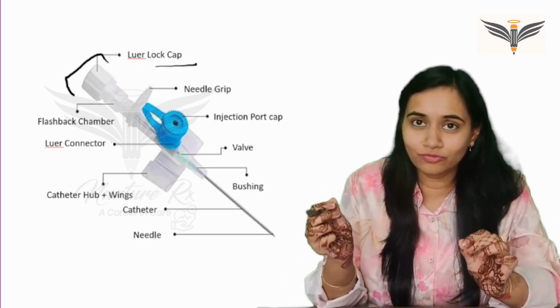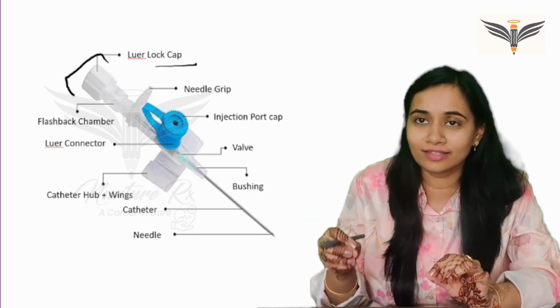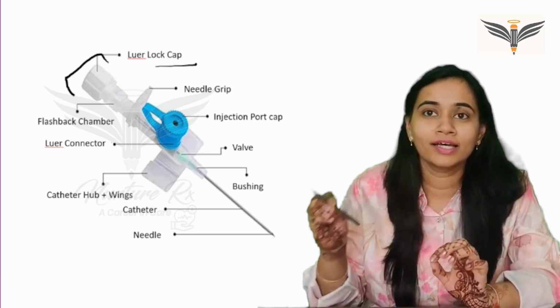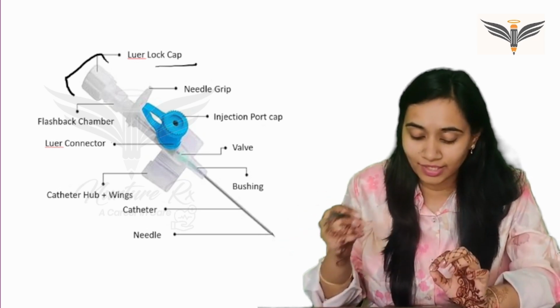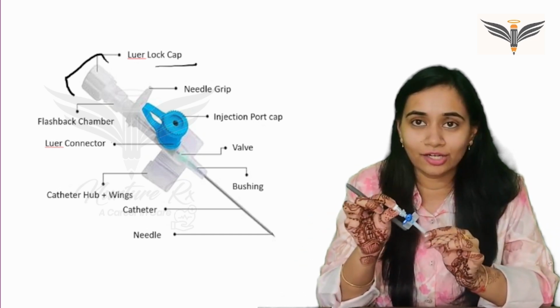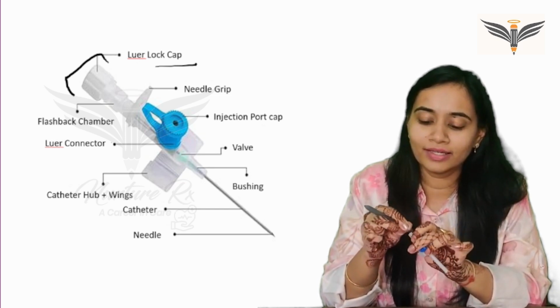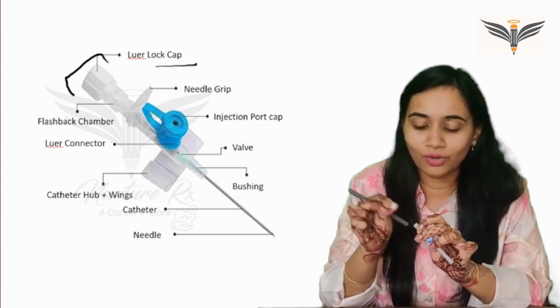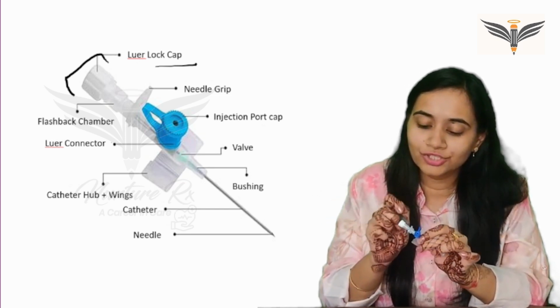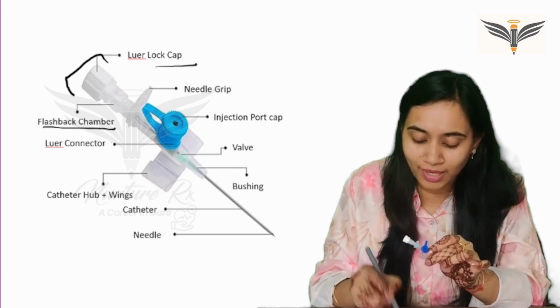It can be removed easily and it is used to connect the cannula to the external device it has to be connected with. Okay. Now just proximal to it is a flashback chamber.